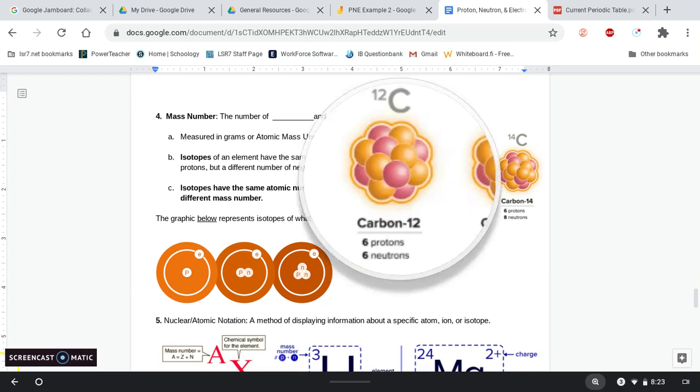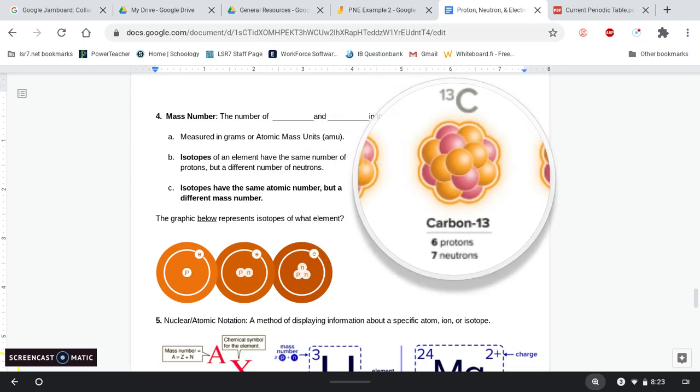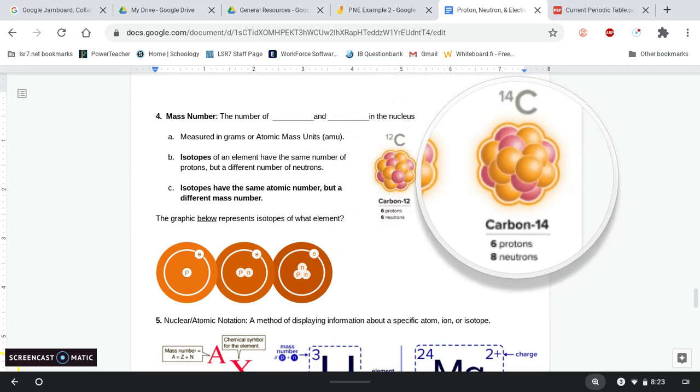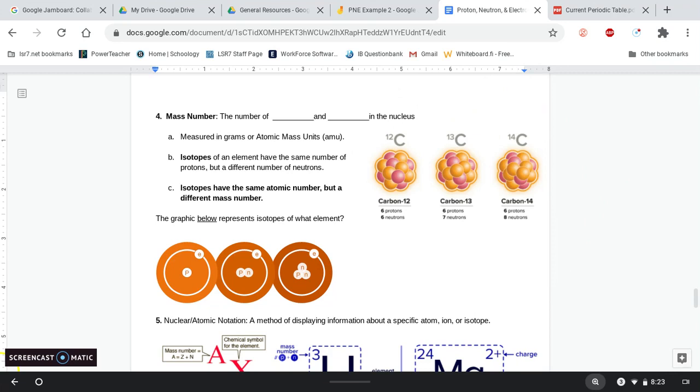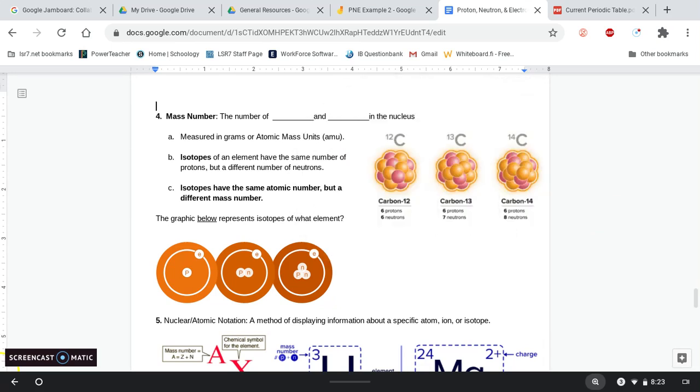So you'll see this carbon only weighs 12. This carbon weighs 13. And this carbon weighs 14. The only difference is their neutrons. So this carbon is heavier, more neutrons. This carbon is lighter, it has less neutrons. And so we have more or less neutrons, and so that's going to create the isotopes, right?